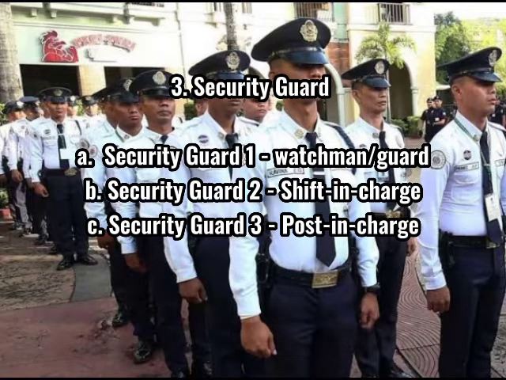Letter B, security guard 2, chief in charge. And letter C, security guard 3, post in charge. Number 4, security guard consultants is optional but must possess all qualifications listed in Section 6, Rule 3 of RA 5487.